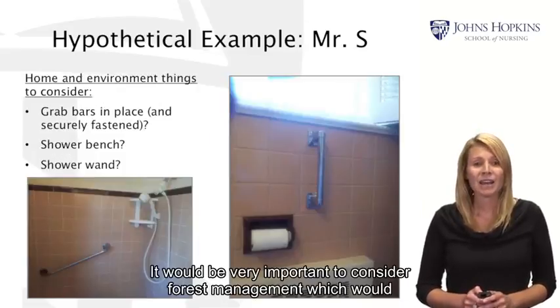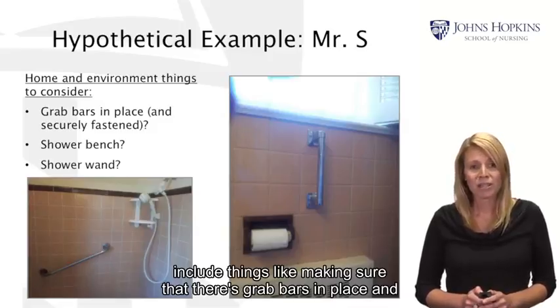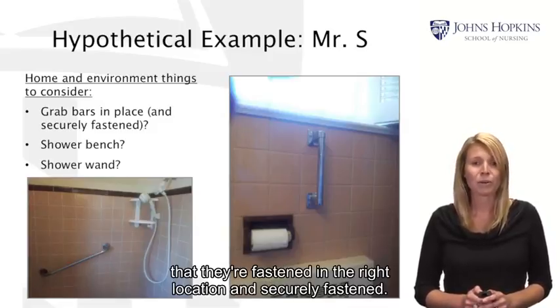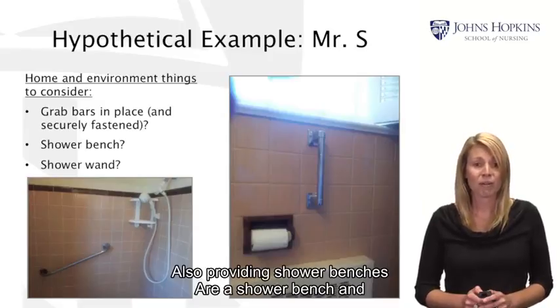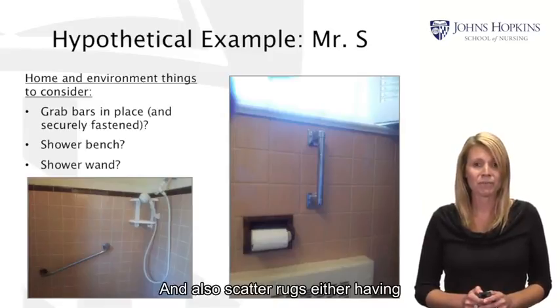In his case, it would be very important to consider fall risk management, which would include things like making sure that there are grab bars in place and that they're fastened in the right location and securely fastened. Also providing a shower bench and a shower wand may be things to assess for.